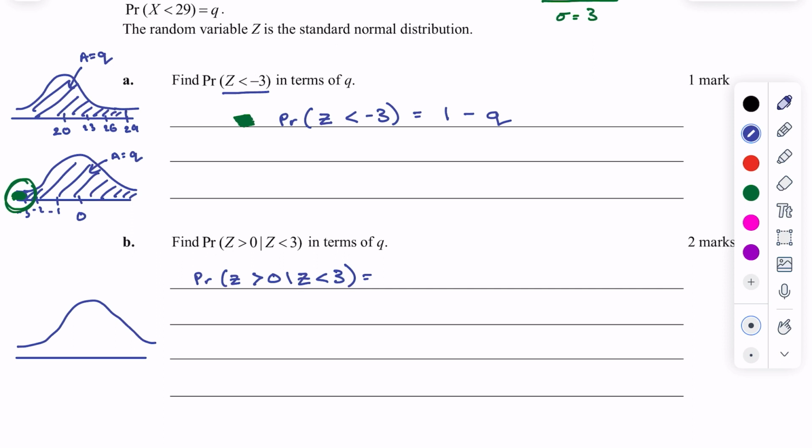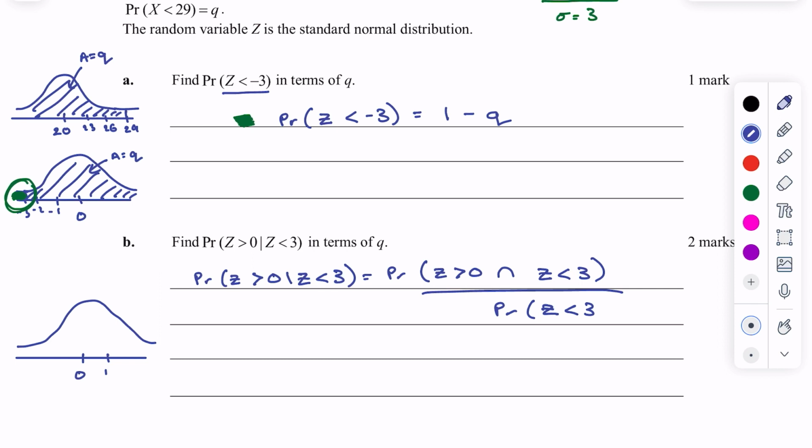And I'm going to use my conditional probability. So this is probability of z greater than 0 intersecting with z less than 3 all over the probability of z less than 3.